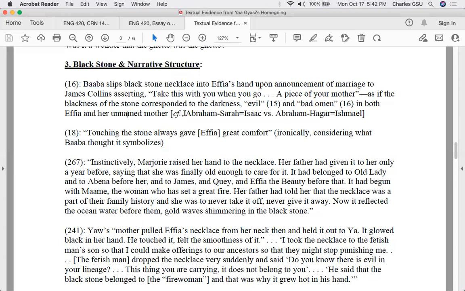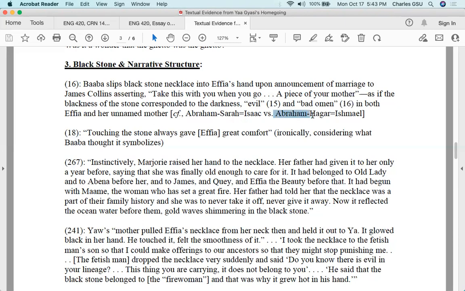So in Genesis, we learned that Abraham and Sarah first have a son named Isaac. Remember, Abraham is about to stab his son Isaac as a sacrifice to God, and God holds his hand, right? And then much later, when Sarah is too old to bear children, Abraham takes a slave girl. Hagar is an Egyptian slave girl who is basically Sarah's housemaid or chambermaid, house girl, like Effia's mother, Mame, who ran away during the fire.